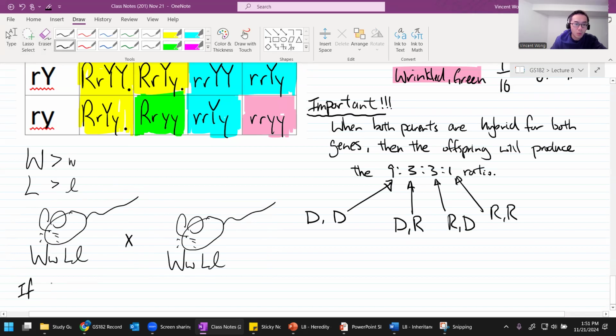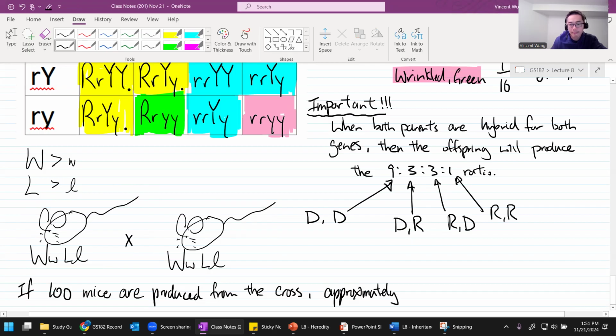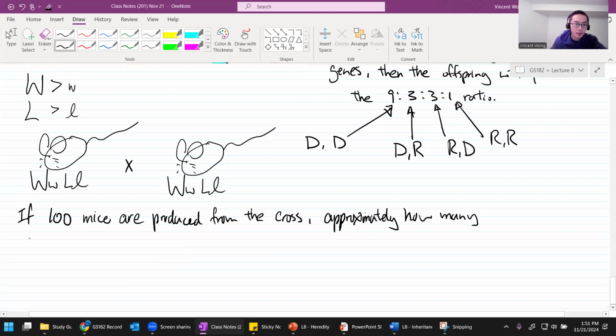If 100 mice are produced from the cross, which means to breed them, approximately how many will have gray coat and a long tail?